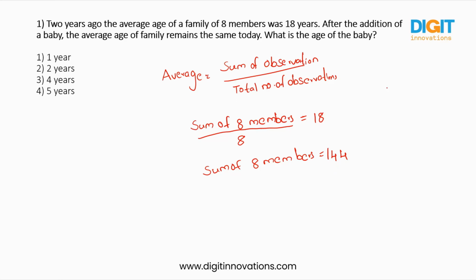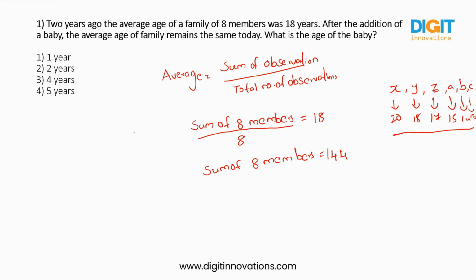For example, X, Y, Z, A, B, C: this one is 20, this one 18, and for example here 15, here 14 and here 13. These are the ages before 2 years.